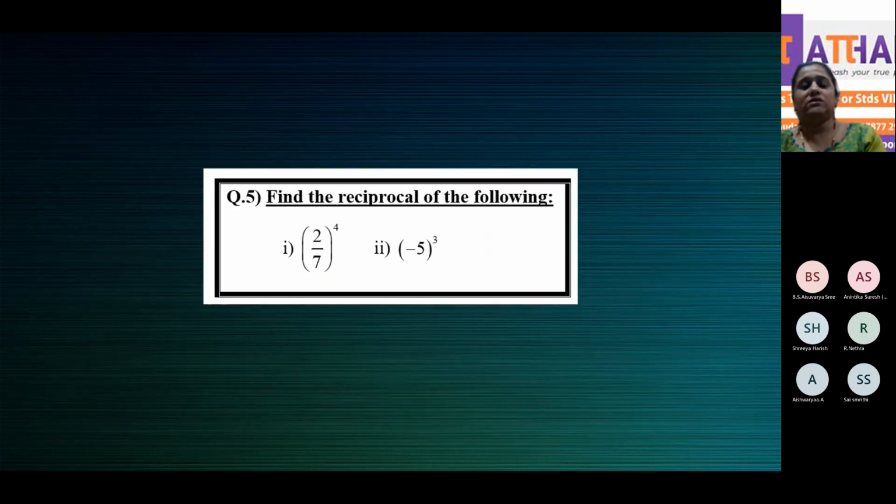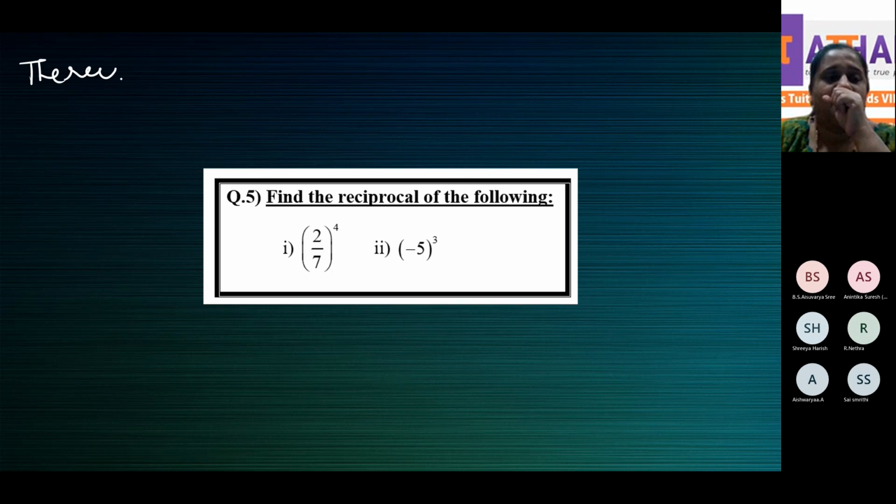Now I think I changed this question for you. Write the reciprocal in 2 different ways. Sai Smriti, tell me the 2 ways in which you can write the reciprocal. Ma'am, for 2 by 7 power 4.